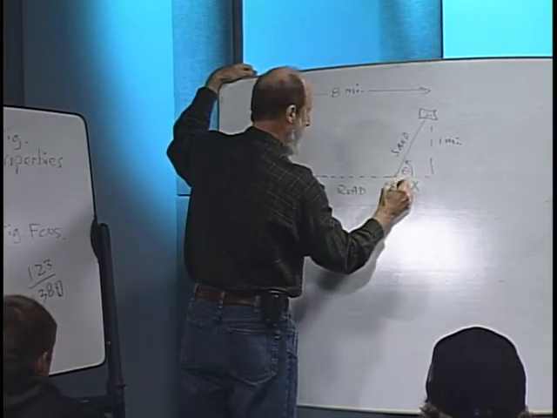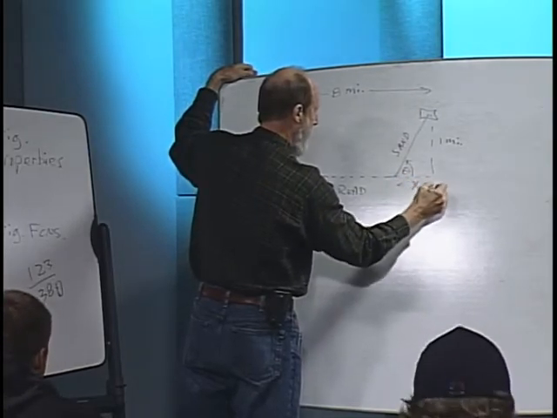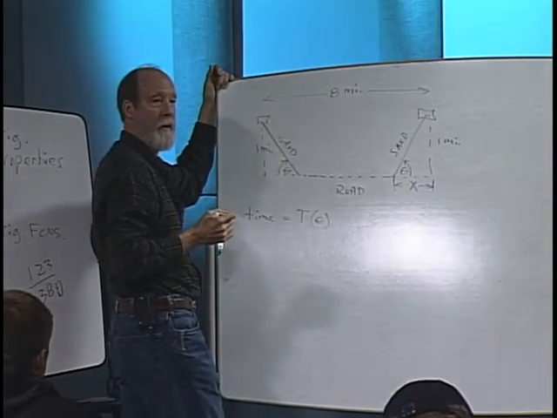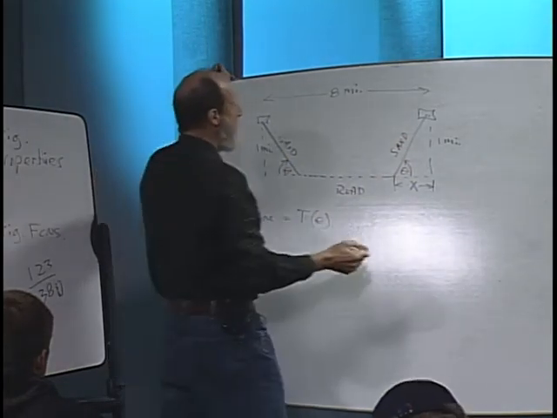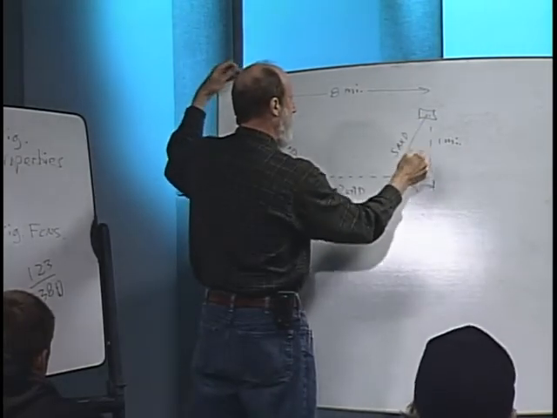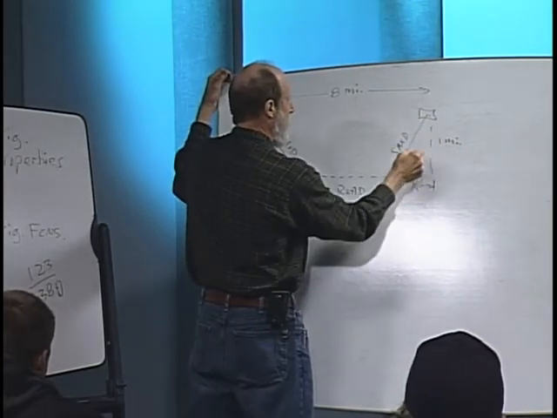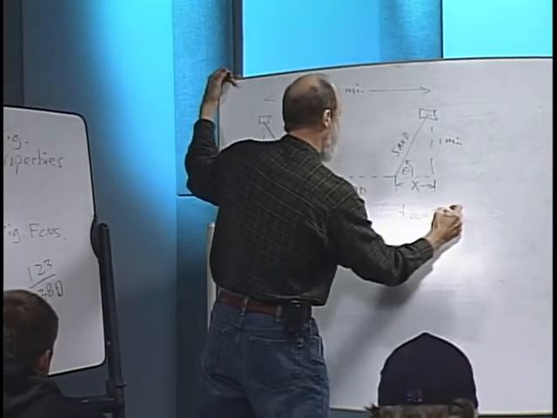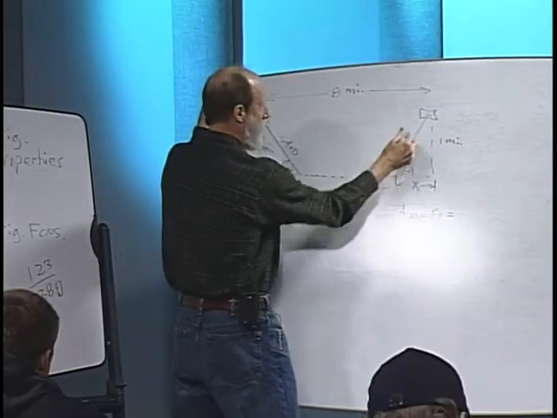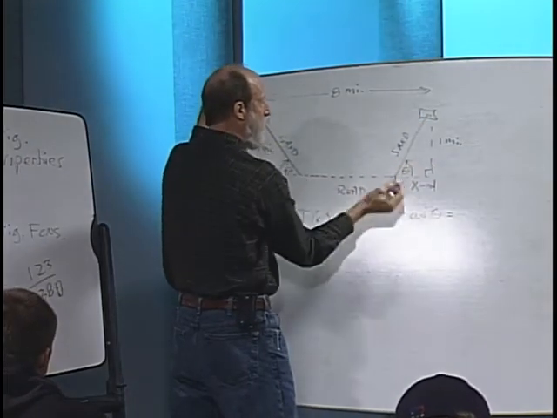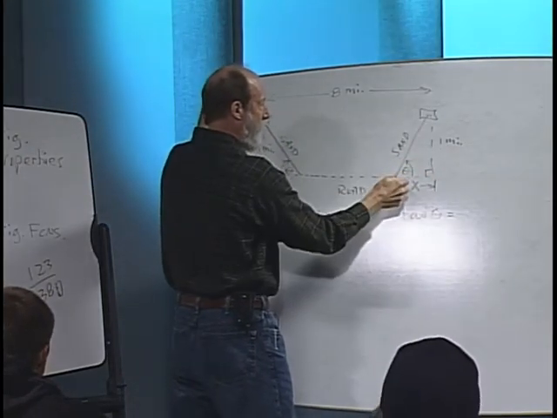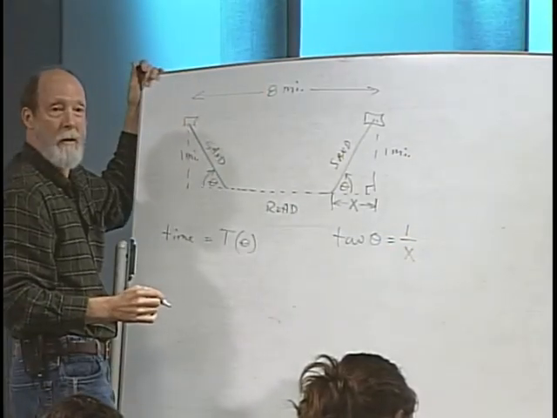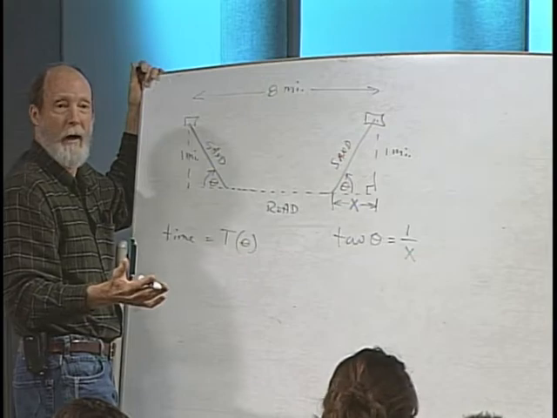Let's call this little segment right here X. Now, what we observe is that the tangent of angle theta is equal to, here's a right triangle, opposite side over adjacent side, so 1 over x. Everybody comfortable with that? Should be.